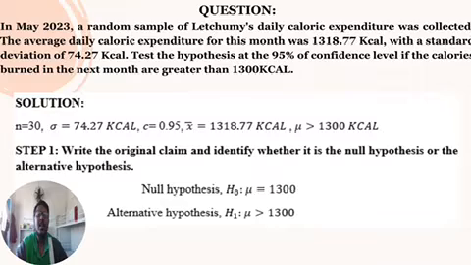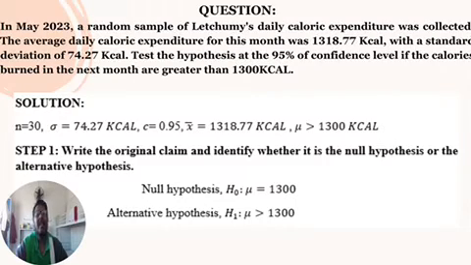So for the first solution, we must get the data from the table of data and the question, and we found out that n is equal to 30. The standard deviation is 74.27 calories. The confidence level is 95%, and we divide by 100 to get the decimal form of 0.95. The sample mean is equal to 1318.77 calories.